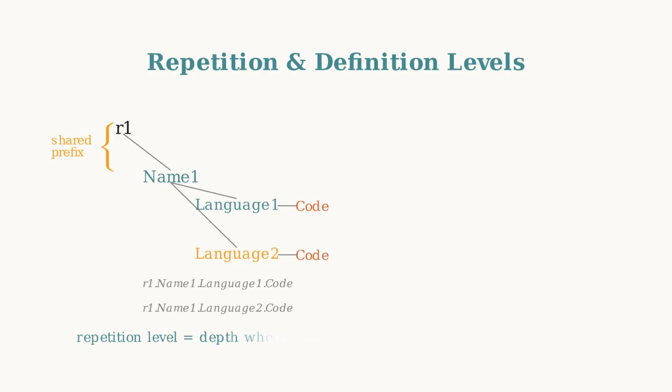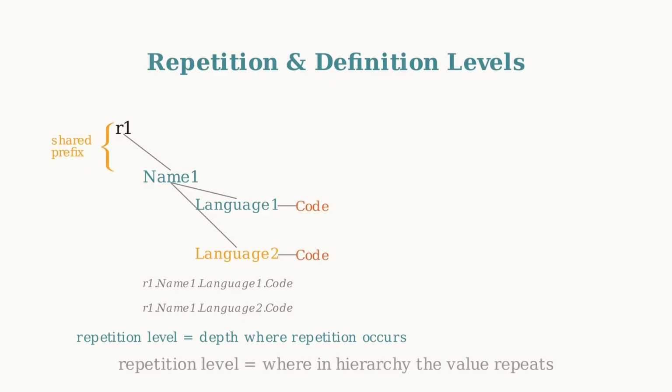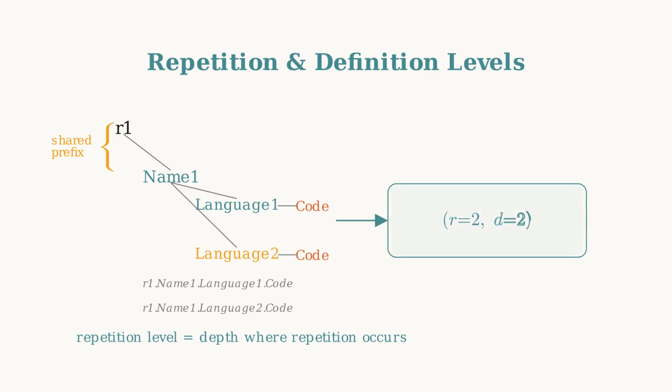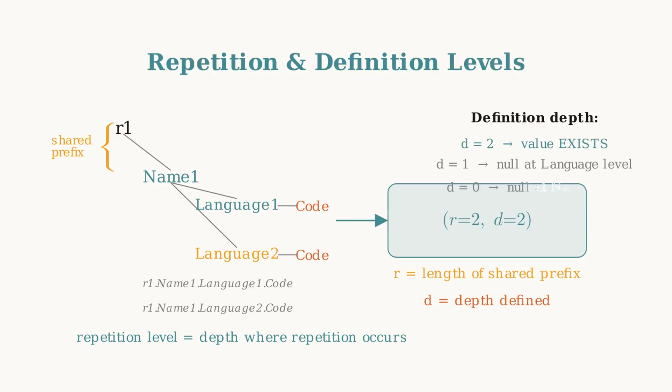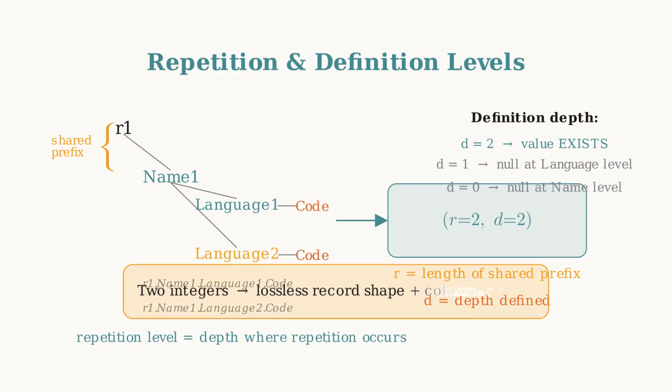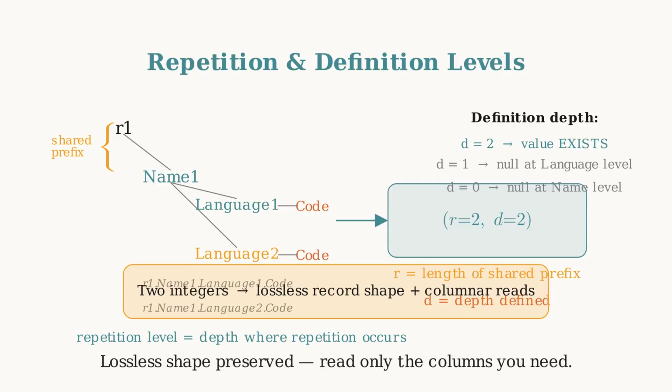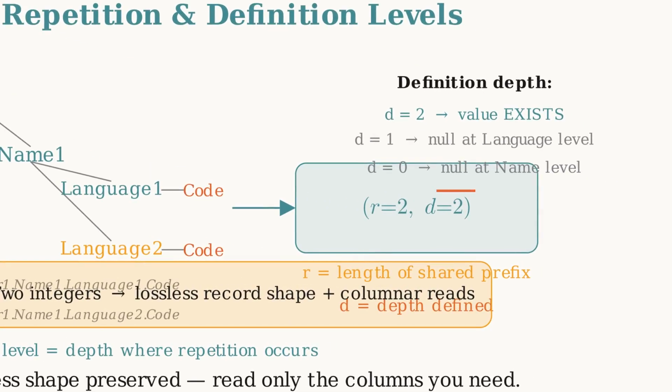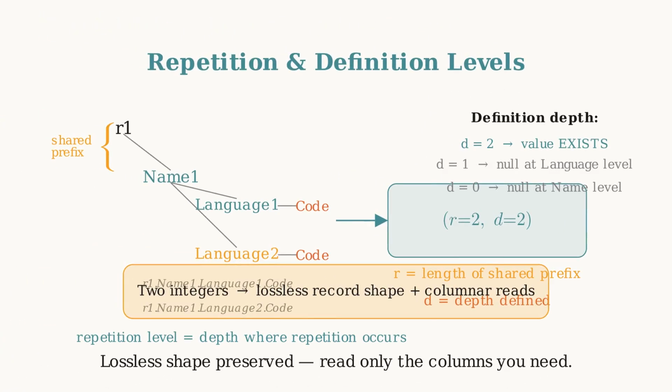Did we start a new record, a new name, or just a new language? The definition level tells you how deep the value is actually defined. For a column with maximum depth 2, a definition level of 2 means the value exists, and anything less means a null at some ancestor. Together, these two tiny integers preserve the full record shape losslessly, while letting you read just one column when that's all your query needs.